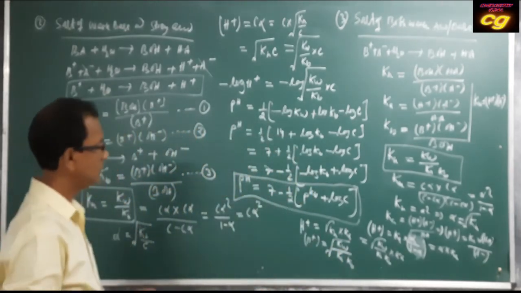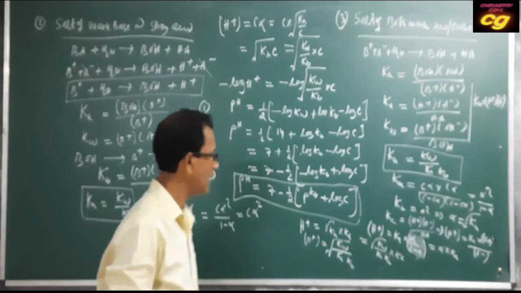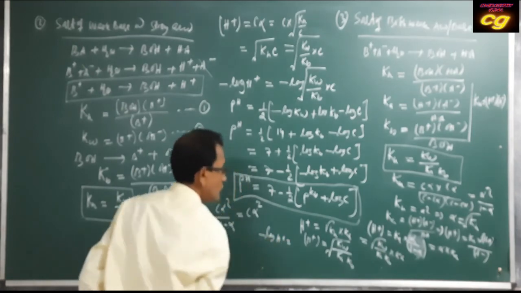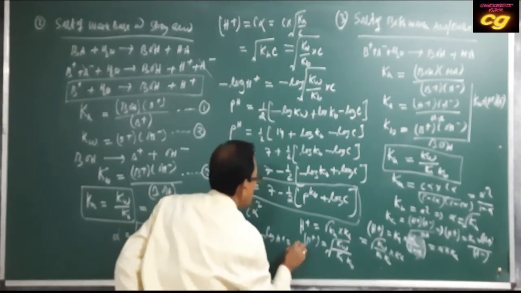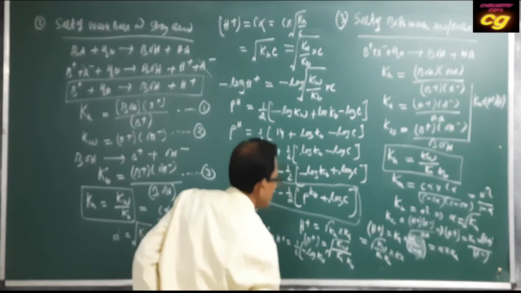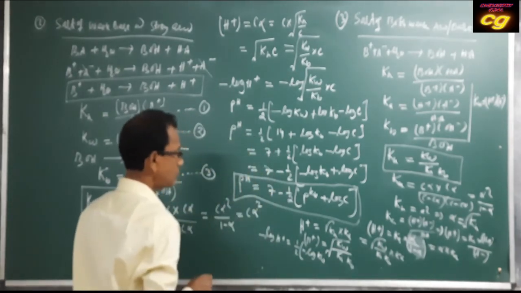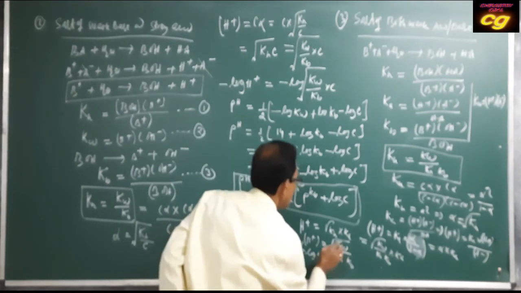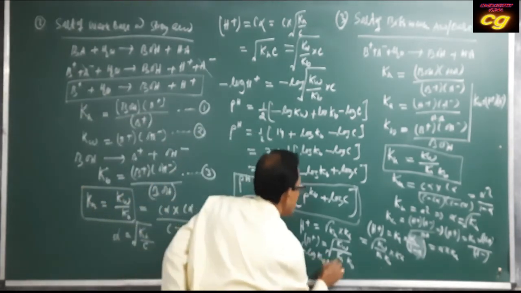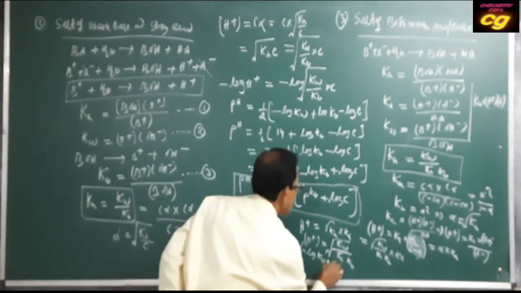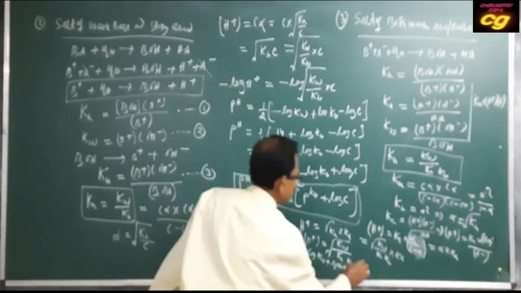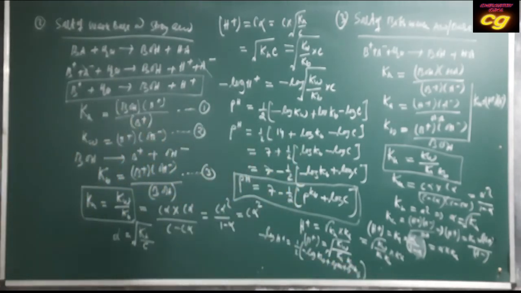Then if H plus is equal to square root of Kw Ka by Kb, then minus log H plus is equal to, if you take half, directly I am doing, half of minus log Kw plus log Kb minus log Ka.